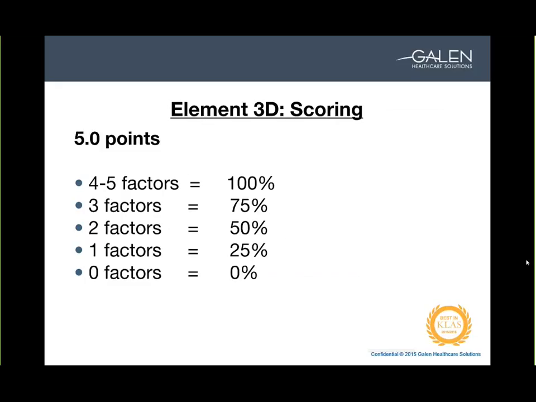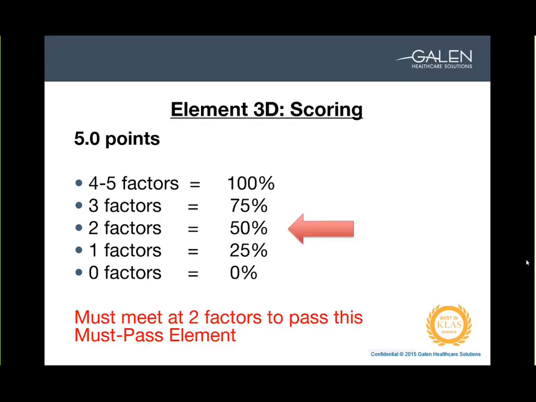Now, just to emphasize the must-pass part of this, you have to at least do 2 of those factors in order to get any points, right? So a must-pass means for me to get 2.5 points of this, and I have to get 2.5 points of this if I want to be recognized.